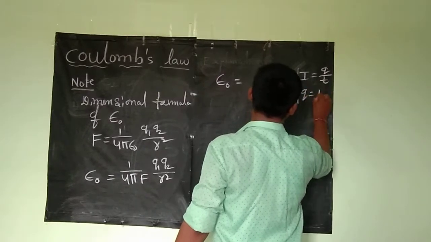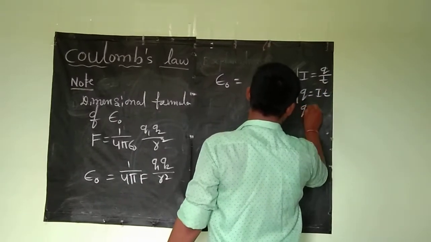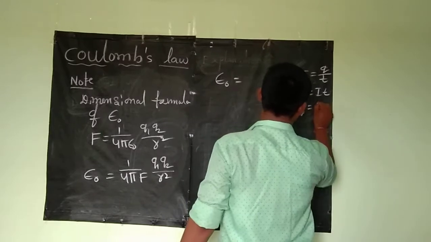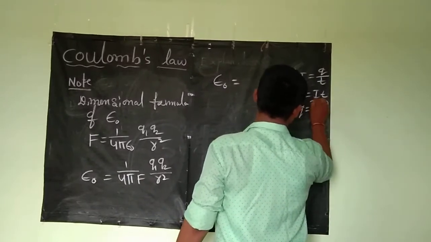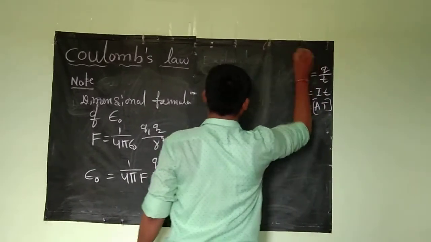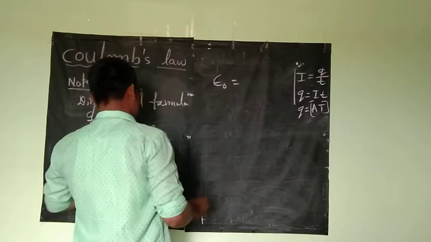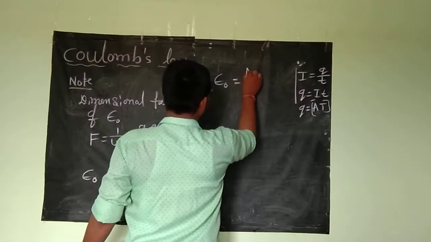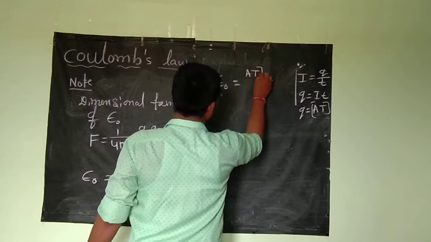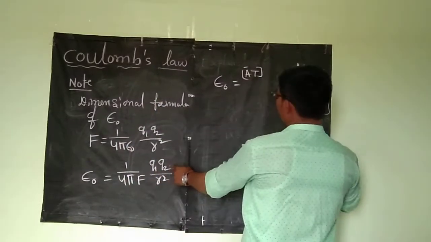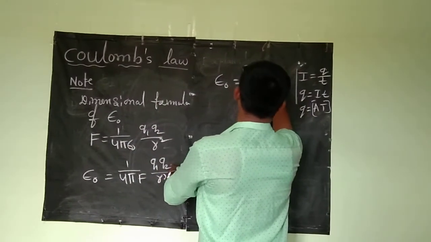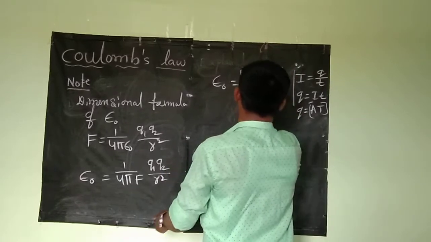Then q is equal to I into t. Then the dimensional formula for charge is A T, right? For each charge we again have A T.